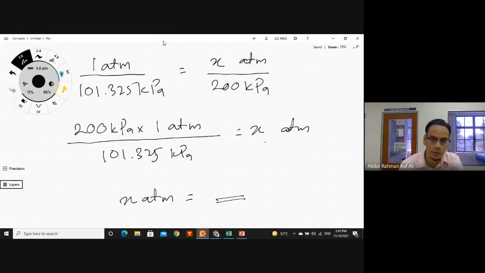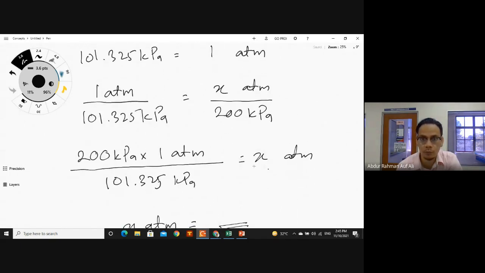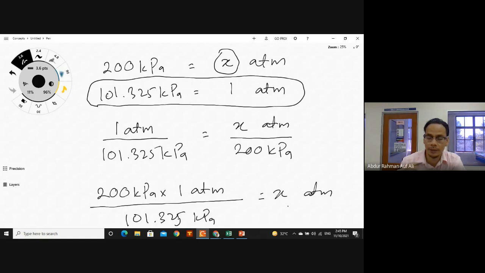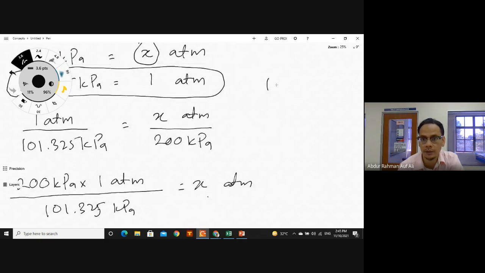Okay, so the first thing you need to understand, if you want to convert units, you must know the conversion factor. This thing, 1 ATM equals how many kilopascal. You need to understand the relationship of both units. It's the same as 1 meter equals 100 cm.